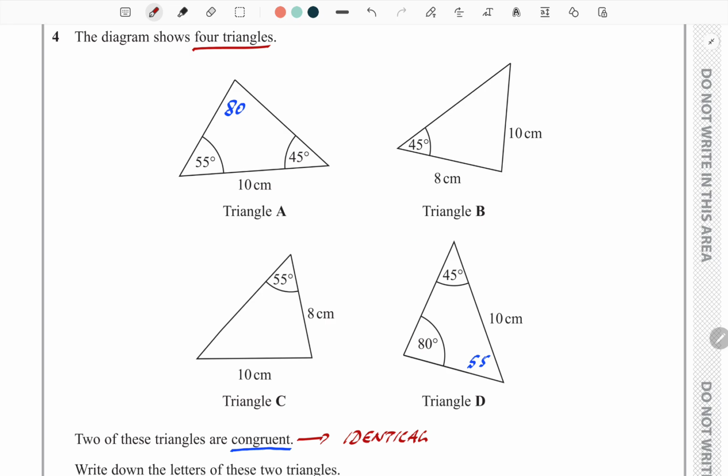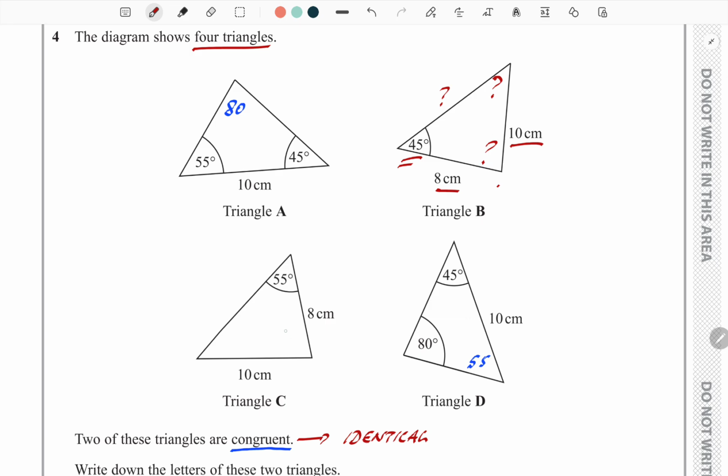Now, whenever you have these things, the first technique is to eliminate the ones that it can't be. So start with triangle B. We have 2 sides, 10 and 8, and an angle in this one of 45. We don't know what these other 2 angles are, because we don't know the length of this side either. So we can't say anything specific about that.